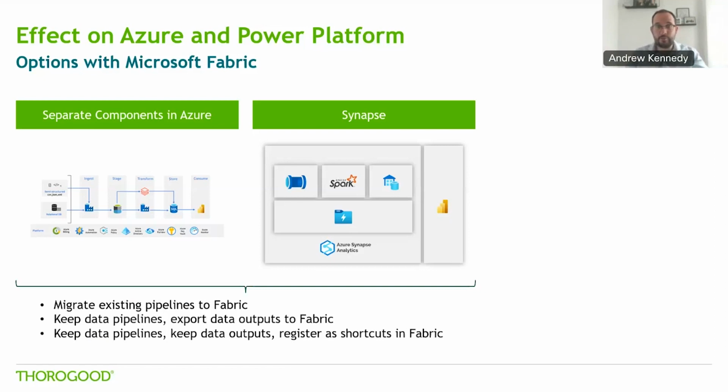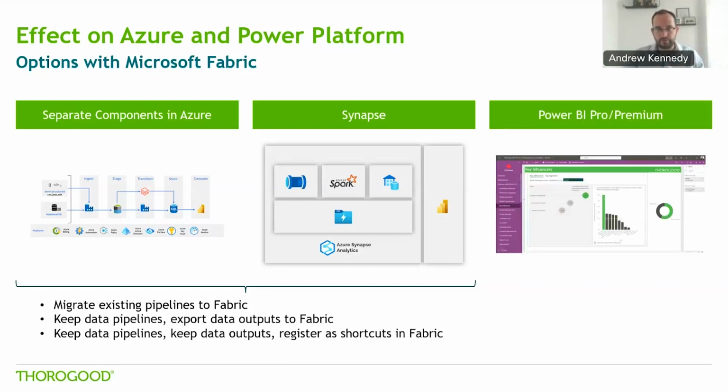And in that case, you could keep your existing data pipelines, but export the final data outputs into Fabric. So use the OneLake platform and either surface it as shortcuts or load the data actually into the OneLake. Either way, it becomes your central repository where everyone in the organization can go and look for and access data in a single location. And then if they need to do small transformation or mapping on top of it, that's an option.